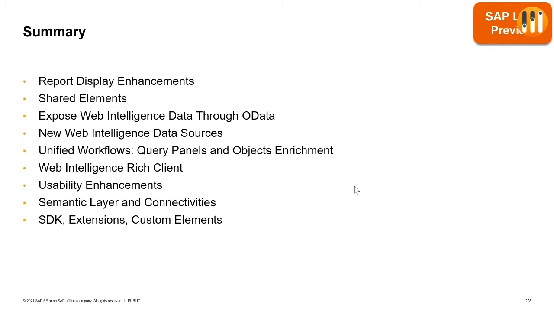New data sources available via Webby. Unified workflows, so we'll talk about the query panels and objects enrichment post-query. Webby Rich Client back. Usability enhancements, and then, of course, semantic layer and new data connections, and then SDKs, extensions, and custom elements. We'll talk about all of those and show you some of that too.